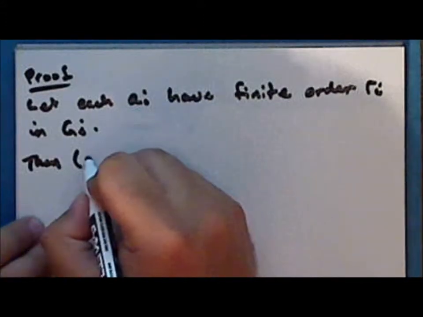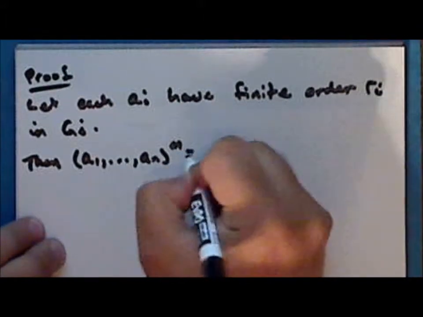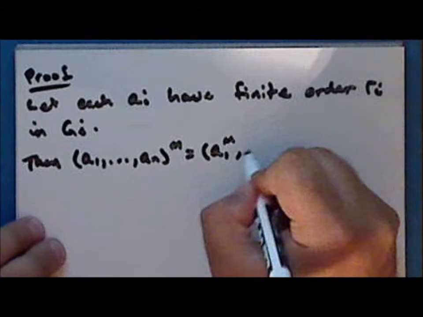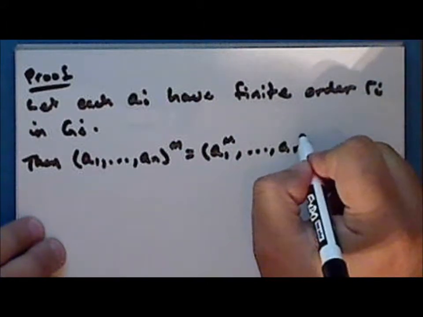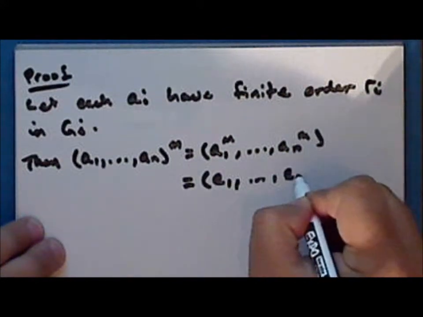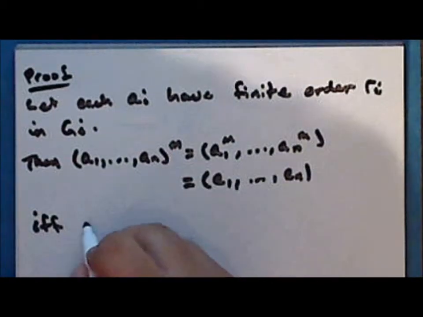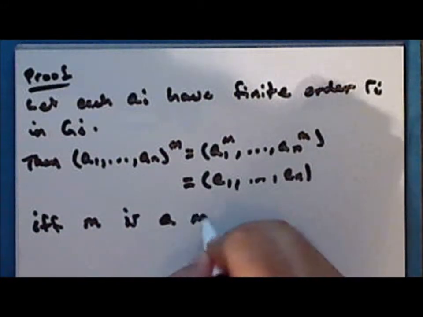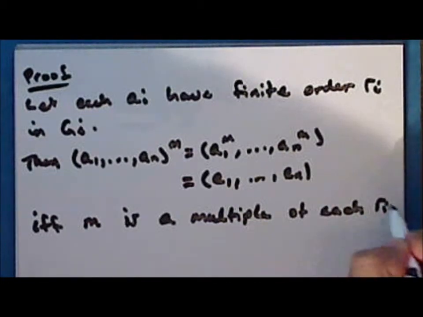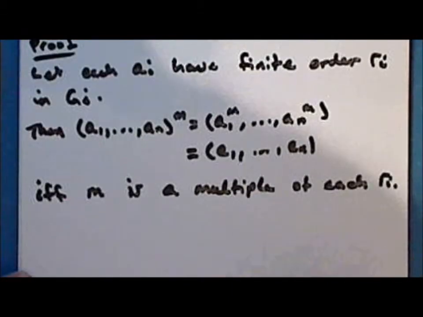Then the n-tuple a sub 1 through a sub n to the power of m, which is the n-tuple that has as elements a sub 1 to the power of m and so on through a sub n to the power of m, is equal to the identity in the finite product if and only if the integer m is a multiple of each r sub i, which is the finite order of each of the elements in the n-tuple.